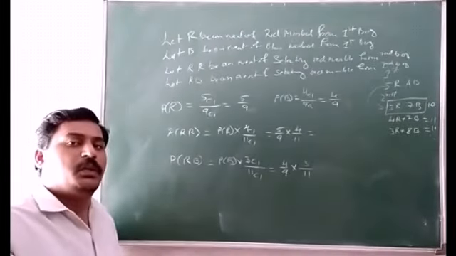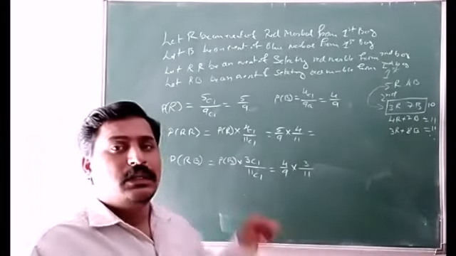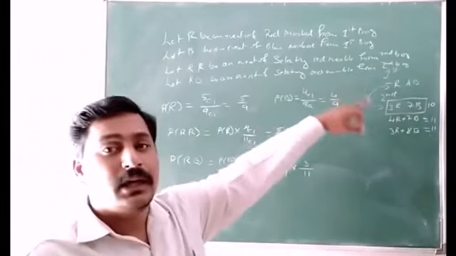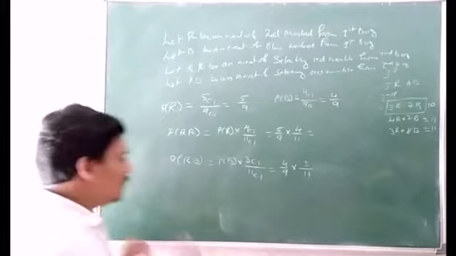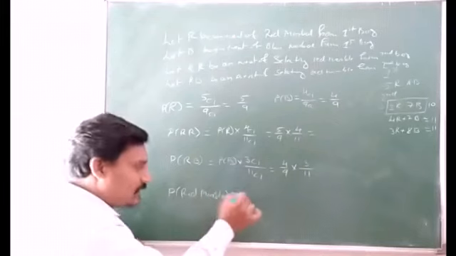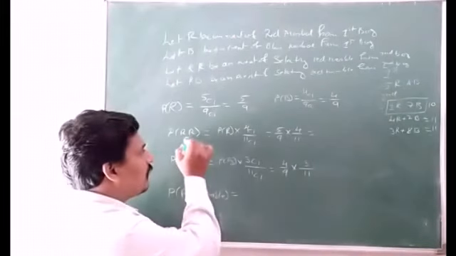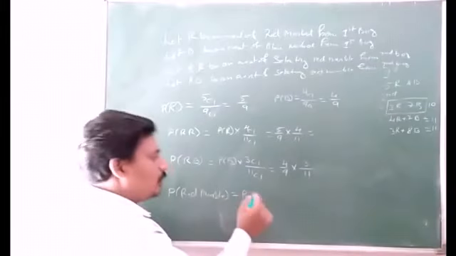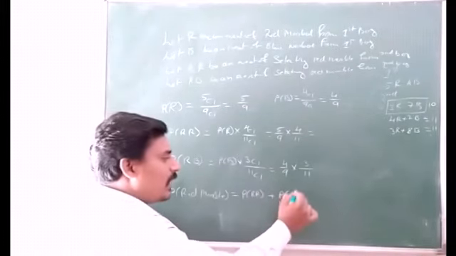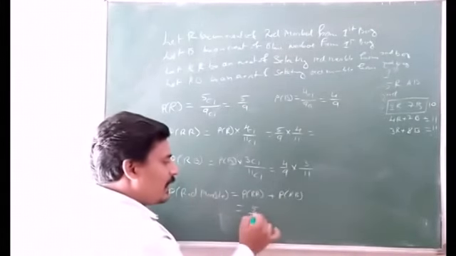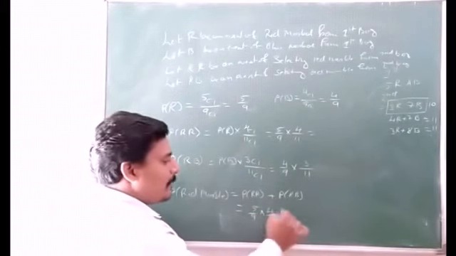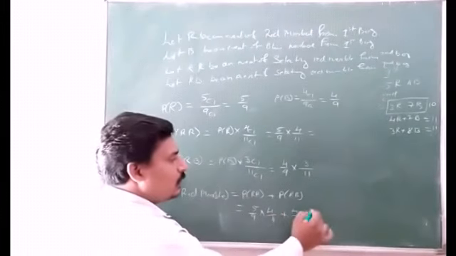Now the final question, probability of getting a red marble from the second bag after placing a marble from the first bag. So probability of red marble is equal to probability of RR plus probability of RB, that is 5 by 9 into 4 by 11 plus 4 by 9 into 3 by 11.